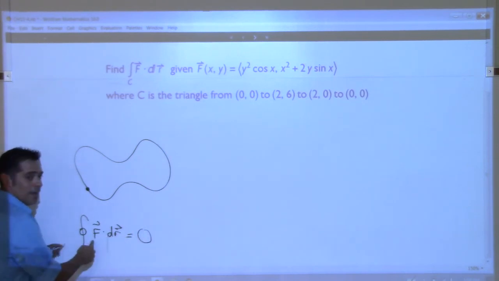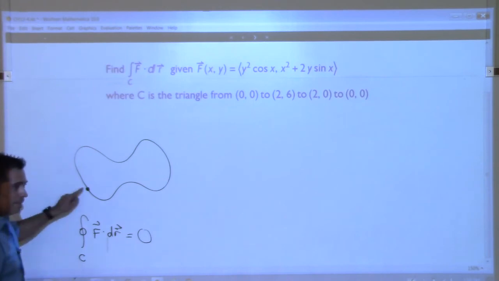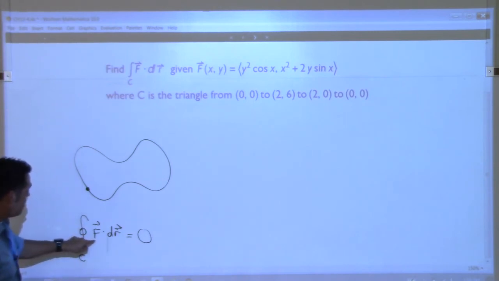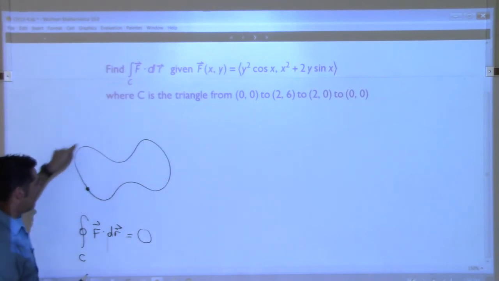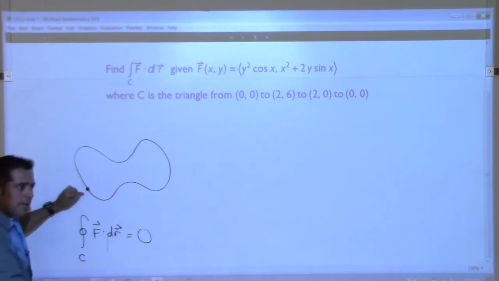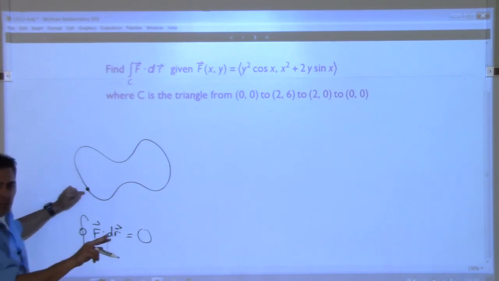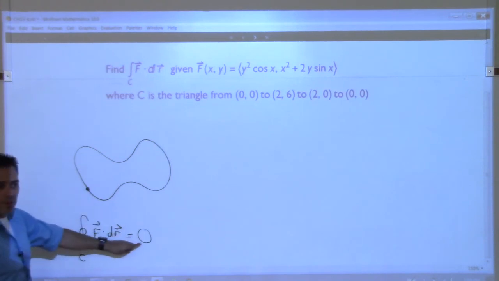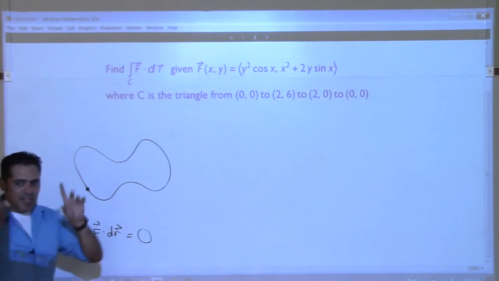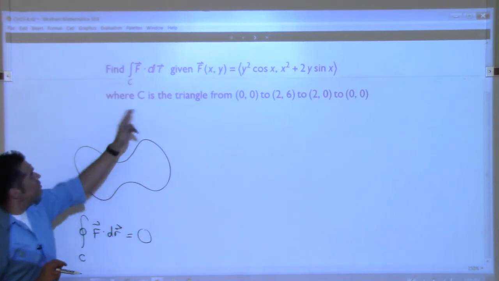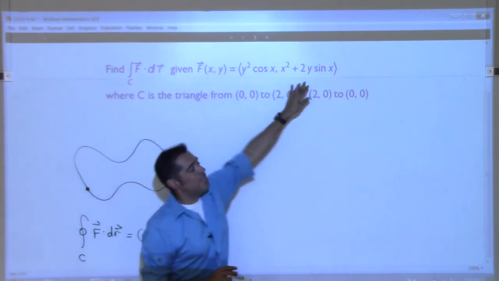If F is conservative and you have a closed path, then the fundamental theorem of line integrals says subtract the two endpoints, and so we should get 0. But what was the test we had to see if a two-dimensional vector field was conservative?